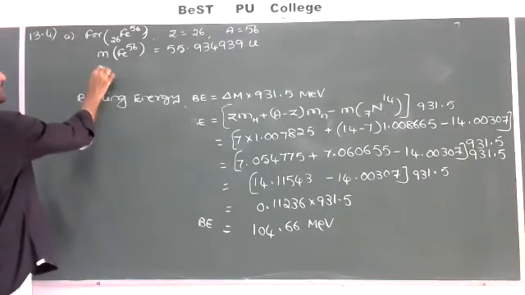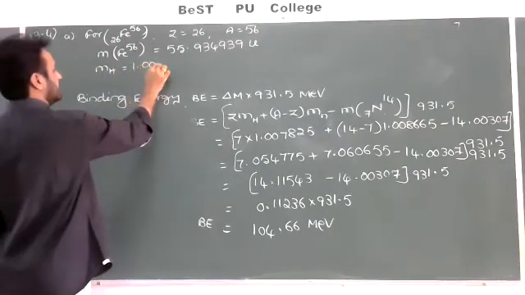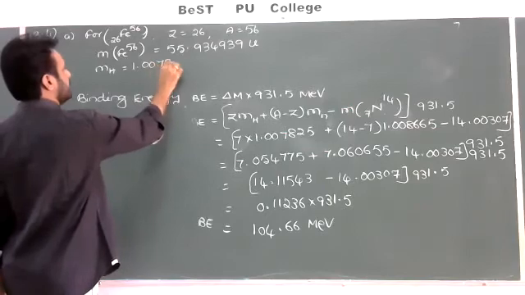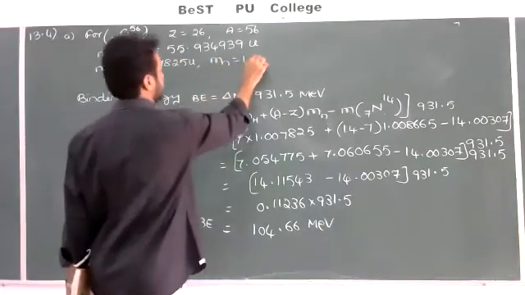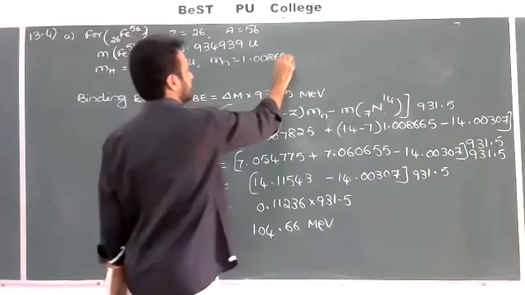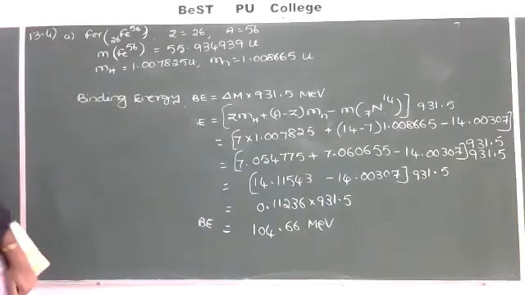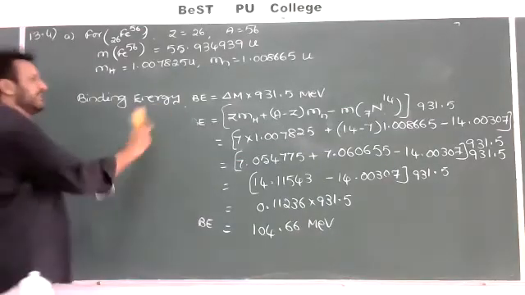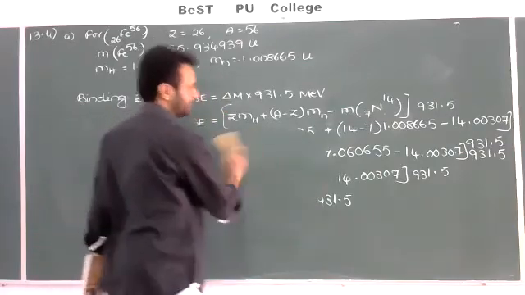Remaining data is the same. The mass of hydrogen, for example, is equal to 1.007825, and the mass of the neutron is 1.008665 unified mass. Calculate the binding energy. First calculate the binding energy; later, if required, you may go for the average binding energy also.